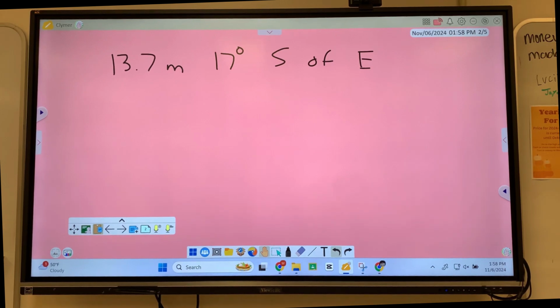So I walked south and I walked east, just like the before questions, but instead of figuring out what my ending displacement was, I'm giving you the ending displacement. You need to tell me what steps led there.